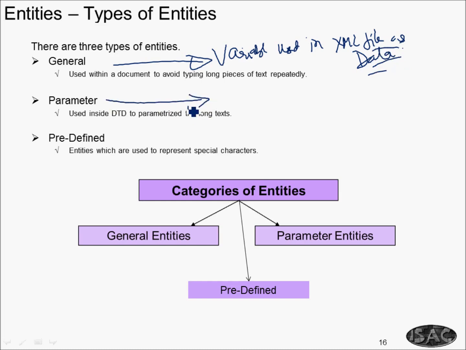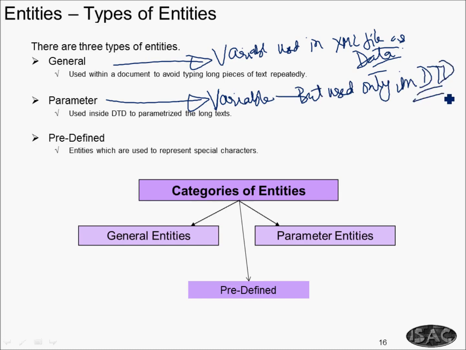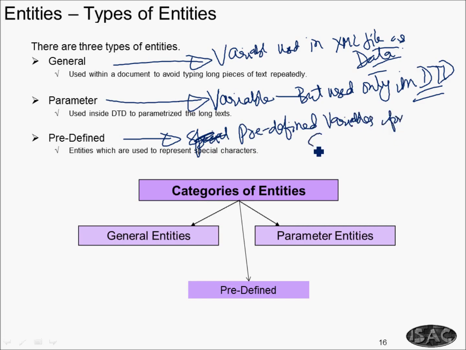This one is also a variable, but used only in DTDs. What is a DTD? We'll talk about that a little later, so just hang on to this. This third one is the special one. These are predefined variables for special characters.